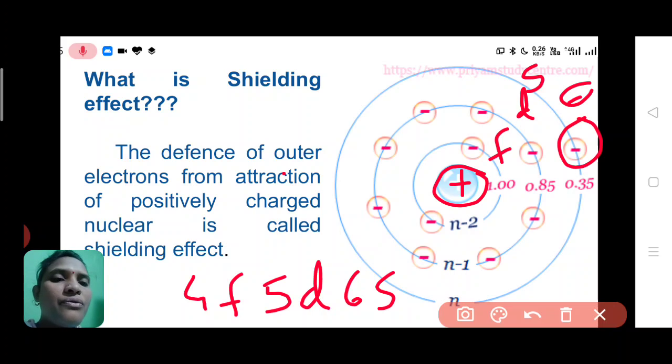All the electrons are arranged according to this energy level.